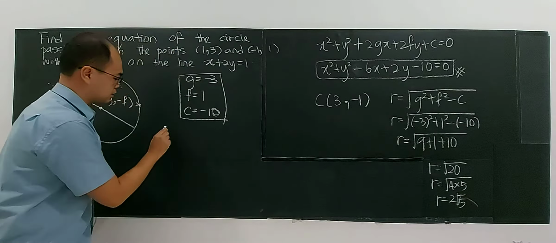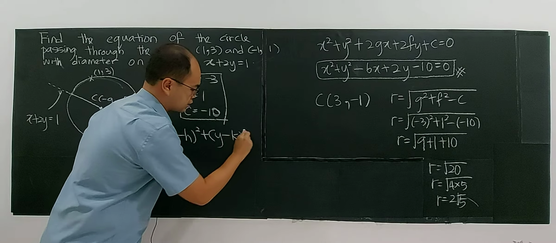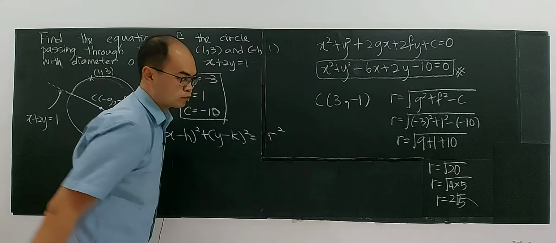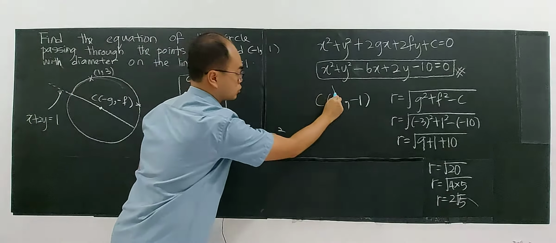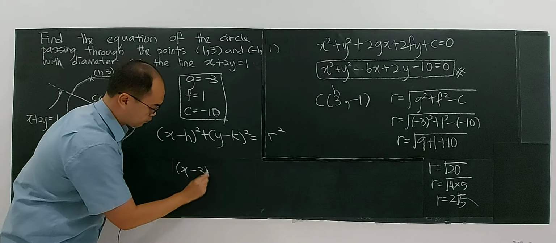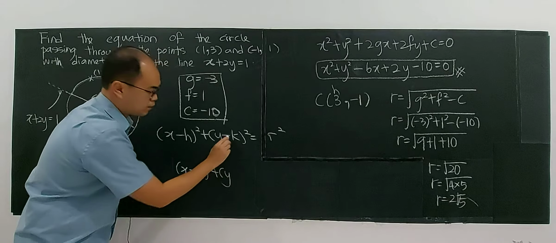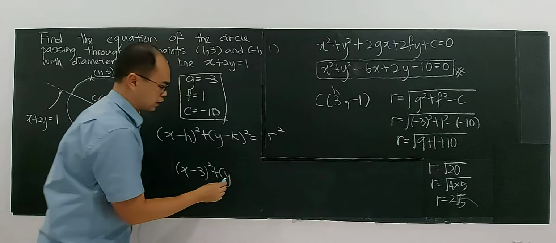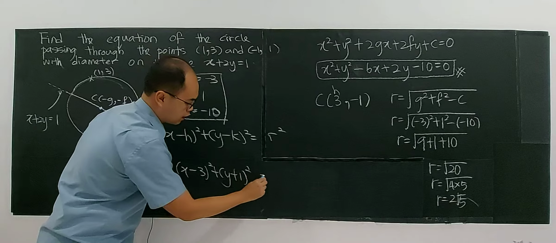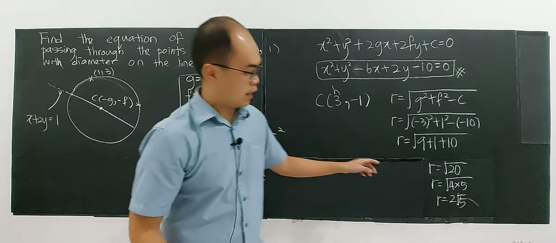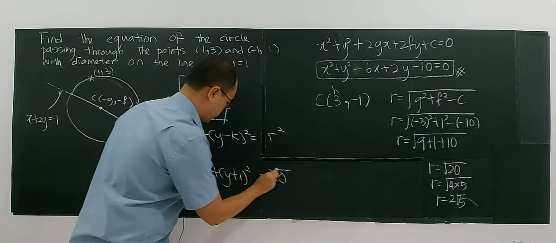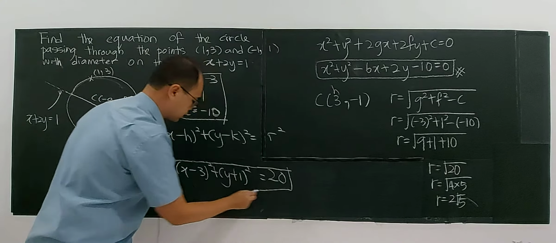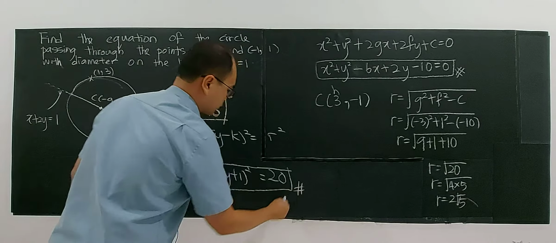The standard equation of the circle will be (x minus h) squared plus (y minus k) squared equals r squared. So (x minus 3) squared plus (y plus 1) squared, and r squared, the square root squared, you are getting 20. This will be the standard equation of the circle.